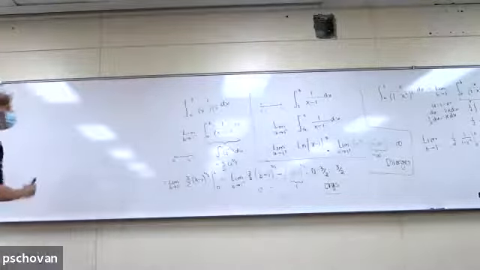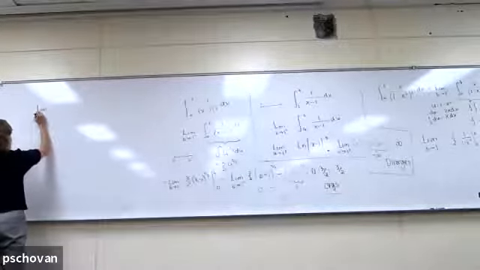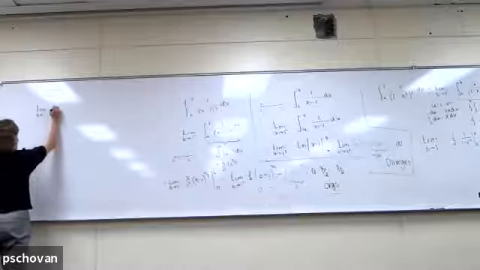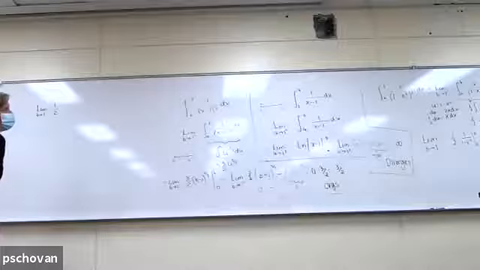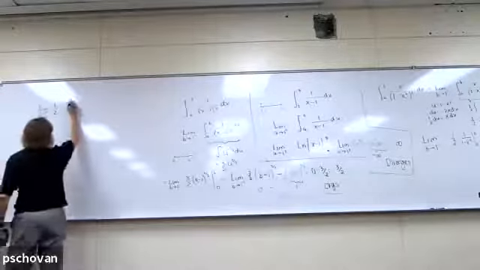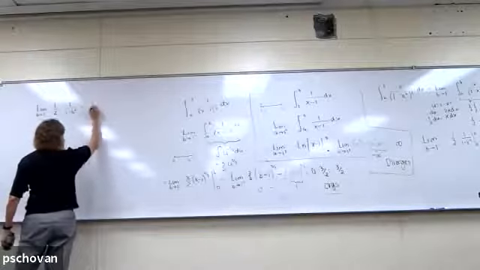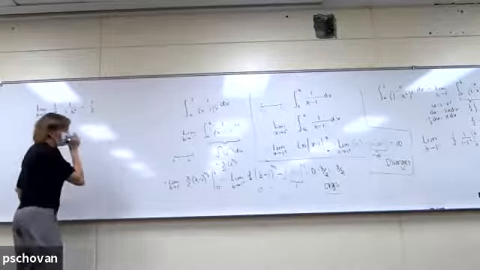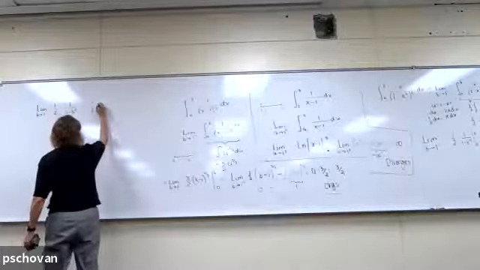So when I put a b in there, I get 1/2 times 1 over 1 minus b squared, minus 1/2, and I'm putting 0 in there, and I just have a 1.